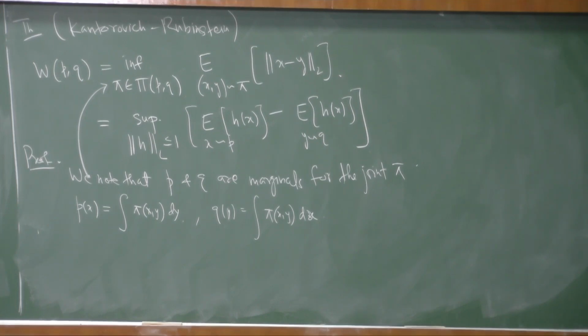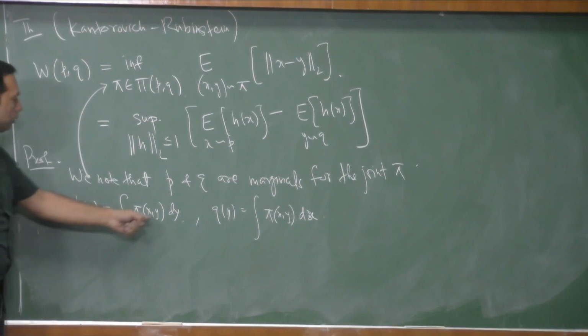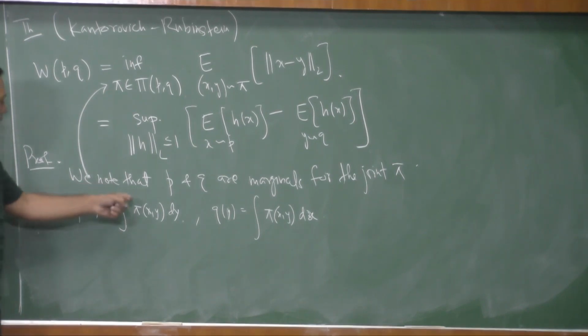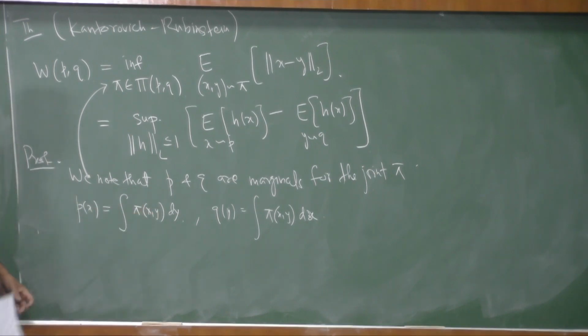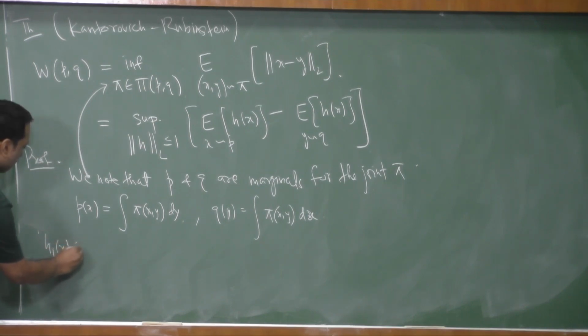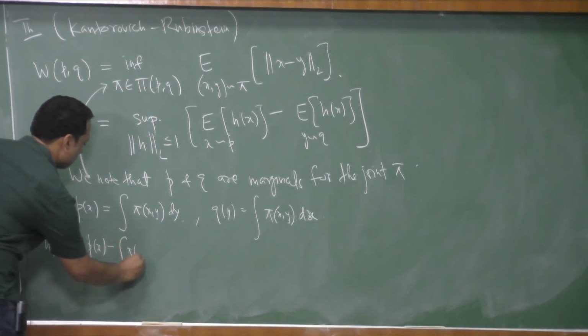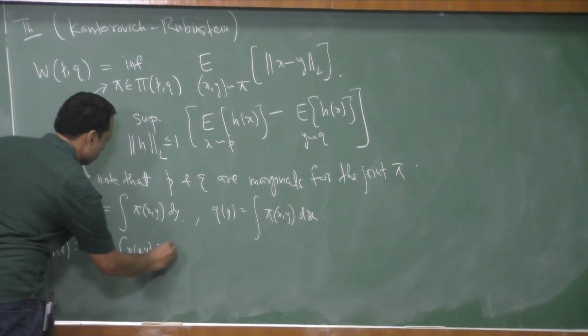So now it's a problem of infimizing the expectation of x minus y with these equality constraints. Just like in the beginning we had equality constraints like h_i(x) equals 0, in this case h1(x) is defined as Px minus the integral of pi(x,y) dy equals 0.